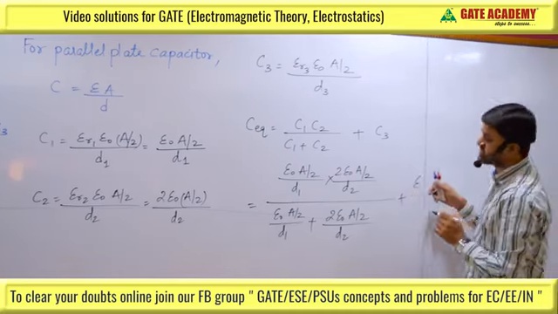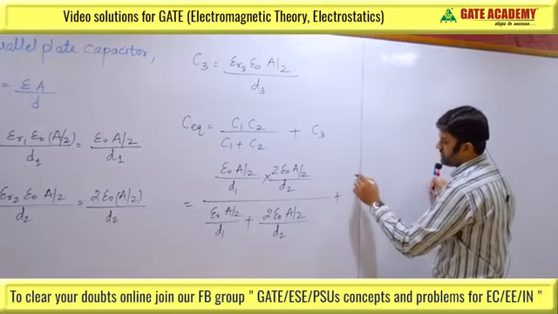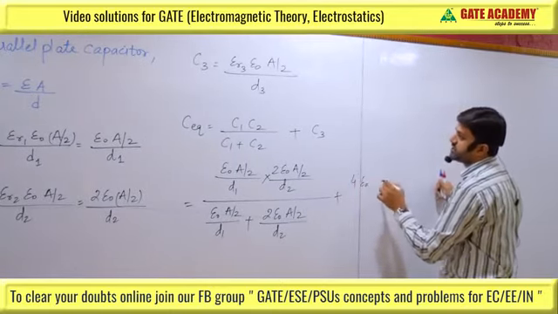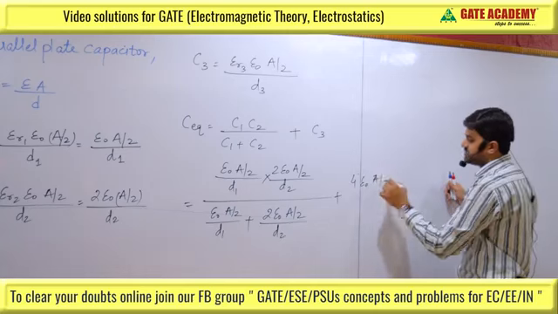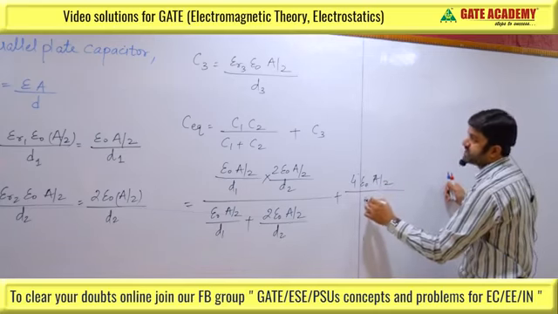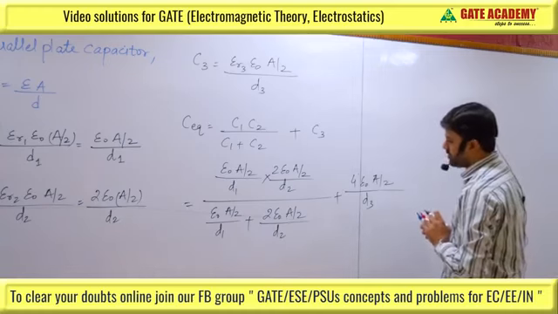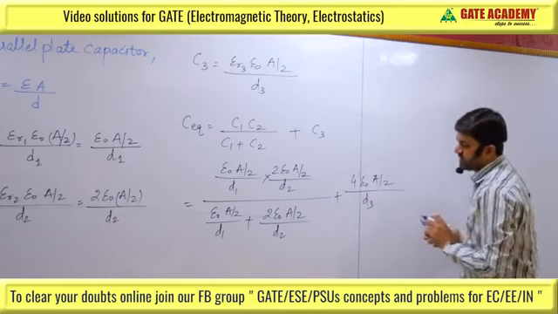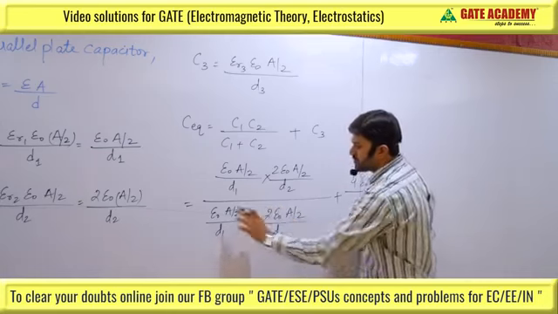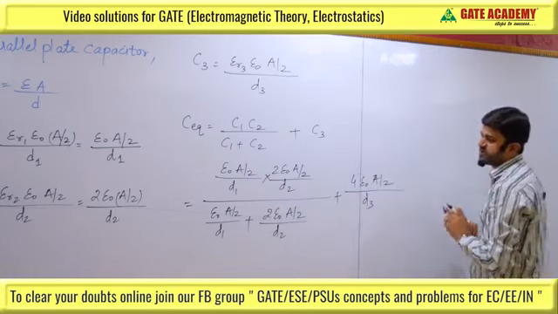The value of epsilon R3 is 4. So 4 into epsilon naught A by 2 divided by D3. So if we solve this, epsilon naught A by 2 we can take common.